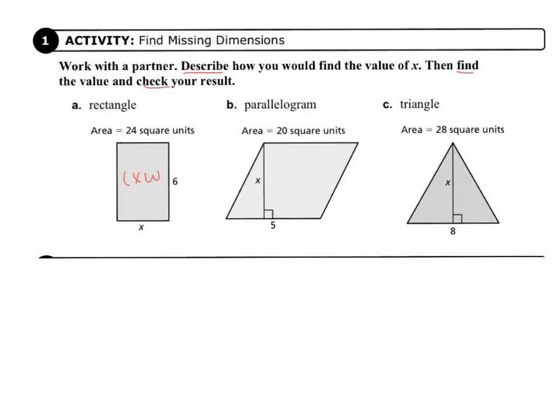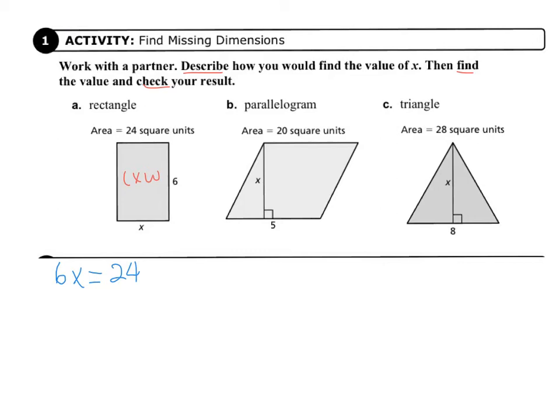Our length is x and our width is 6, and it doesn't matter which order we put these in. Remember, in algebra, our coefficient always goes first, and we're multiplying, so we want our 6 first, so it's 6x, and we know that our area equals 24. So 6x equals 24, so we had to write our equation.